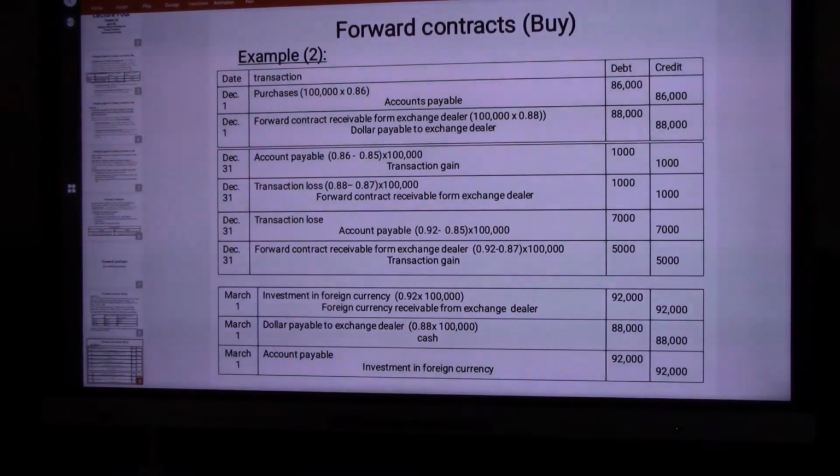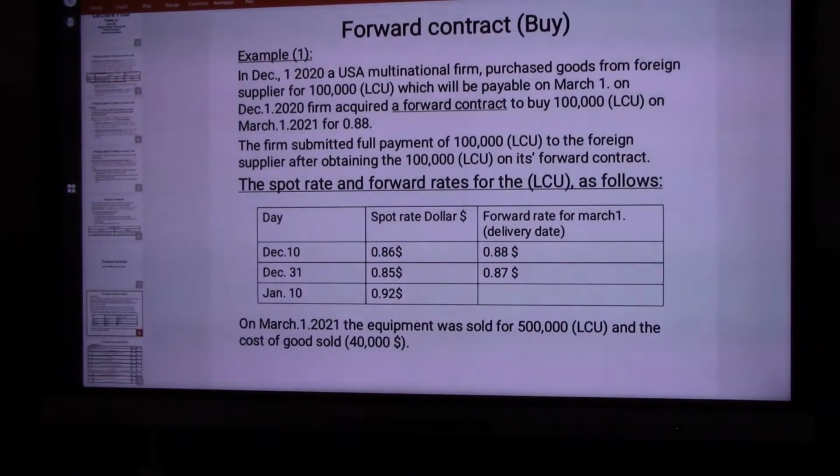At the date of purchase, the firm purchased goods costing 100,000 on account. يبقى هقول من حساب الـ purchases لحساب الـ accounts payable، الـ amount is 100,000 LCU.